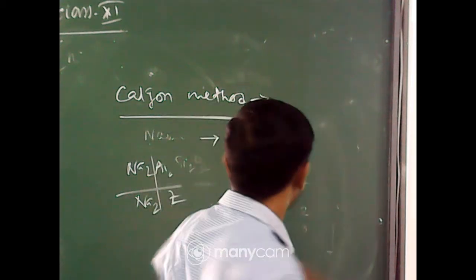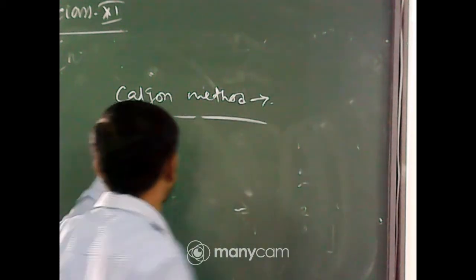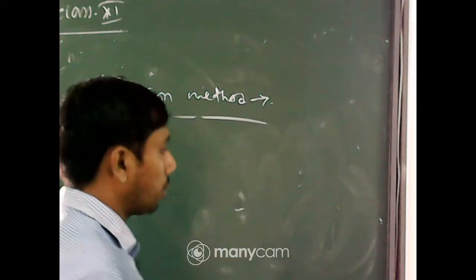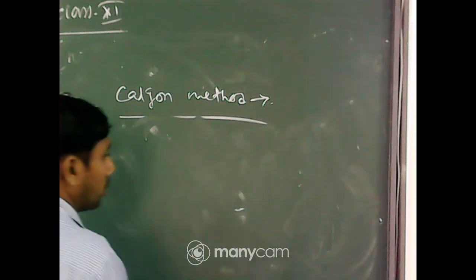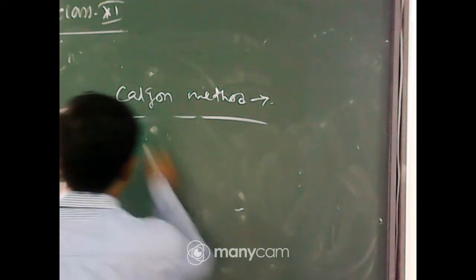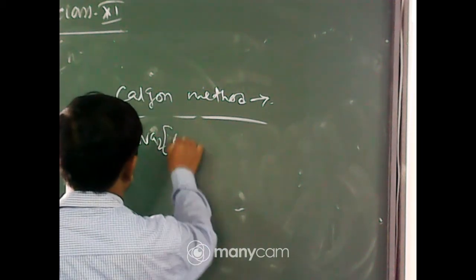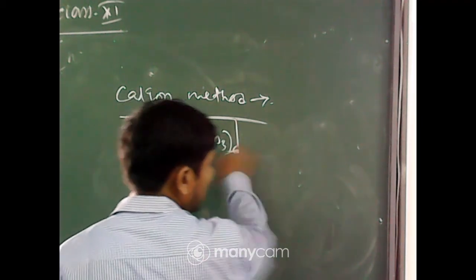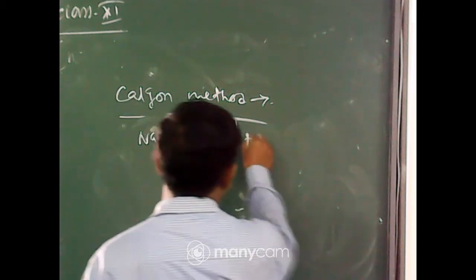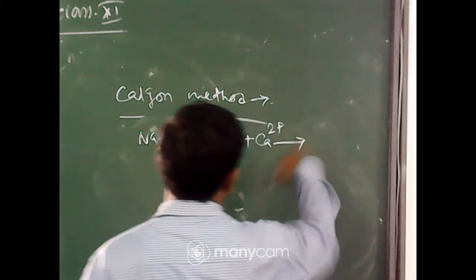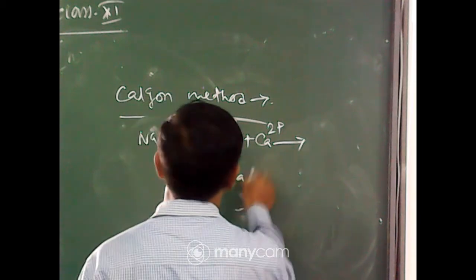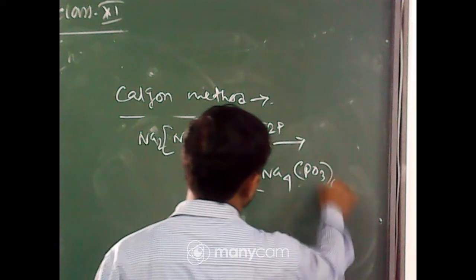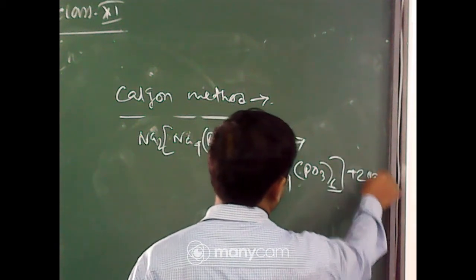Today's discussion is on the Calgon method of removing hardness to make soft water. Na2 Na4 PO3 whole 6 plus Ca2 plus will produce Ca Na4 PO3 whole 6 plus 2 Na plus.